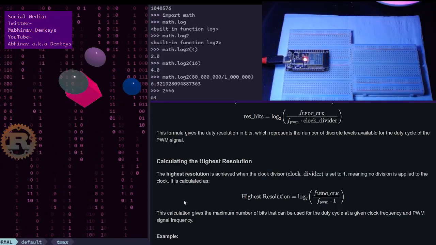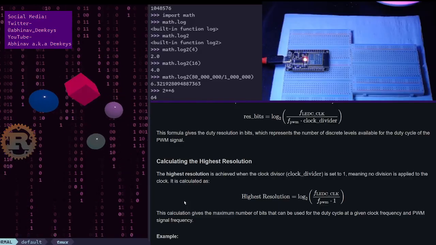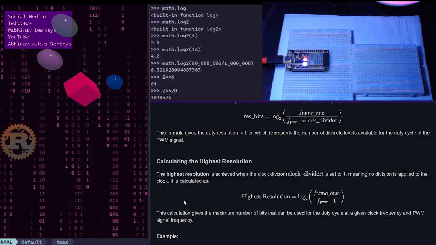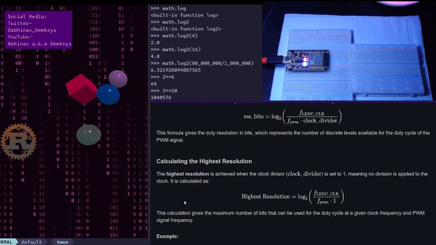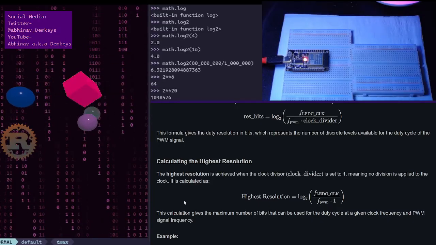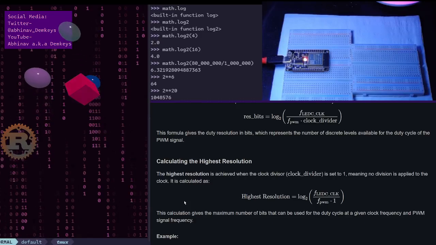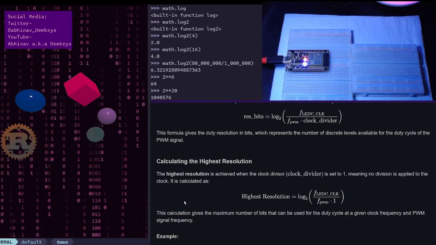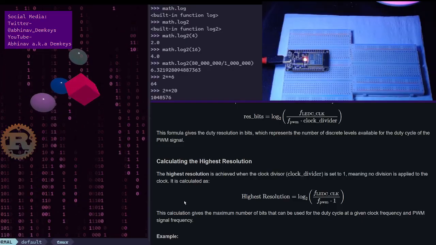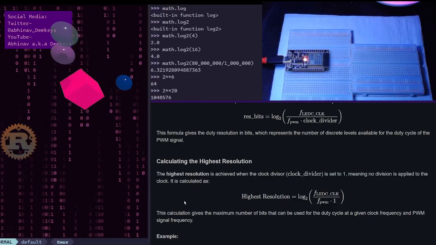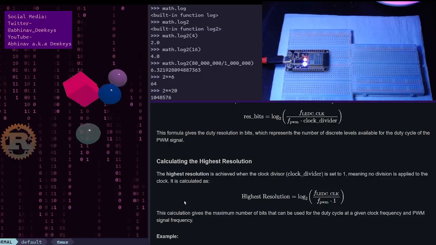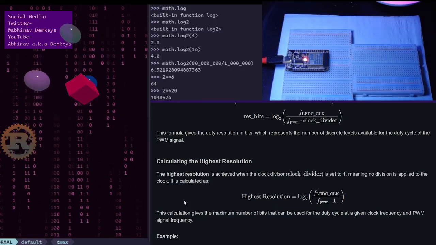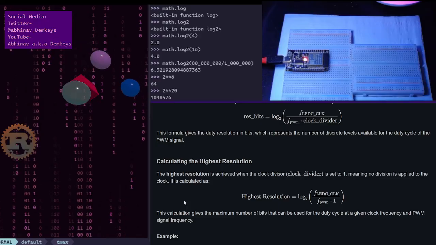So here we are talking about a 6-bit resolution, and we are saying that a max. I still don't remember where I got this value of 20 from, but let's say 20-bit is the max. That means we can have this many ticks per duty cycle.